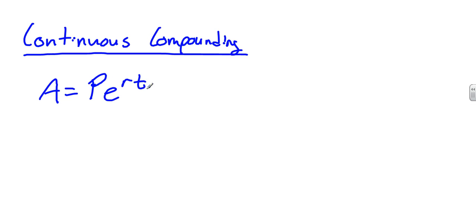We talk a little bit about e now, but we'll really come back in sections 2 and 3 and dig into it a lot more. They just kind of throw it out there at you. Yes, e to the exponent rt.